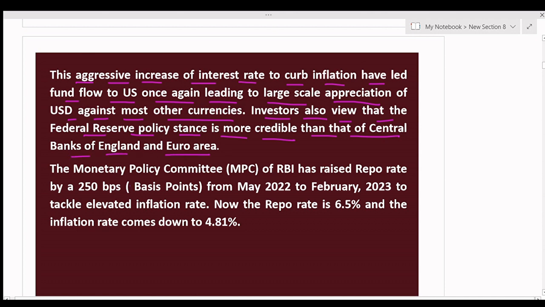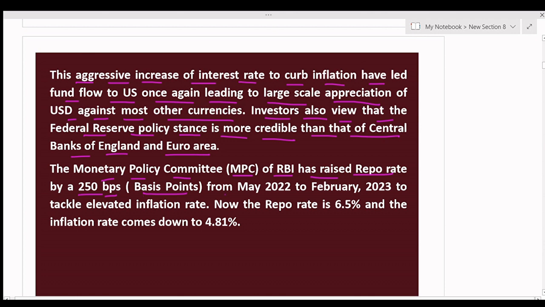The Monetary Policy Committee, MPC, of RBI has raised repo rate by 250 BPS, that is 2.50%, and BPS means basis point. 1 basis point is equivalent to 0.01%.